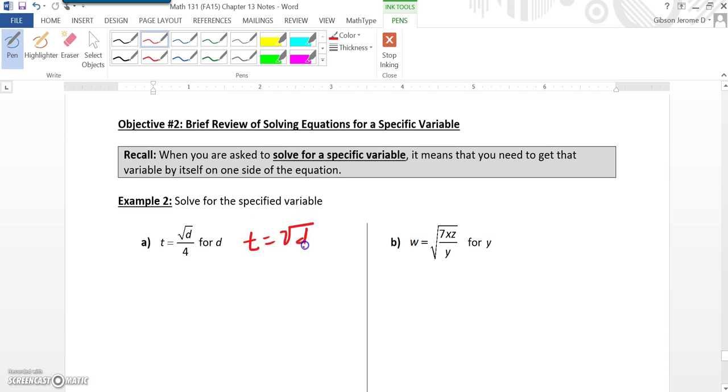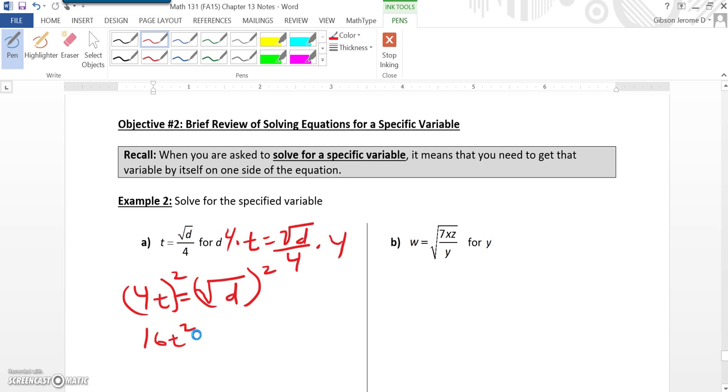Multiply each side by 4. So we have 4T is equal to the square root of D. Now we would square both sides, and that will give us 16T squared is equal to D. And that is our final answer.